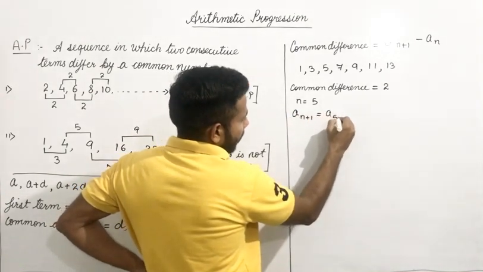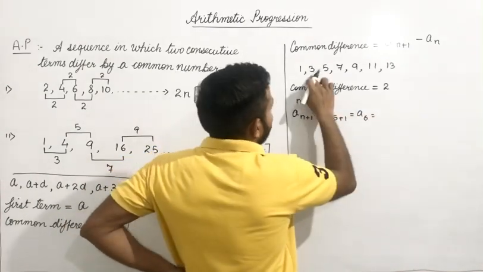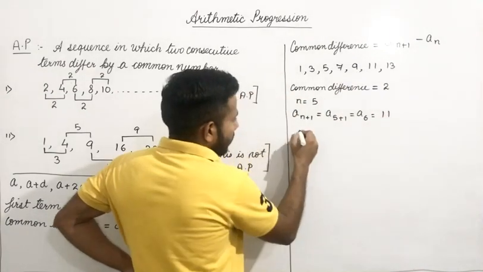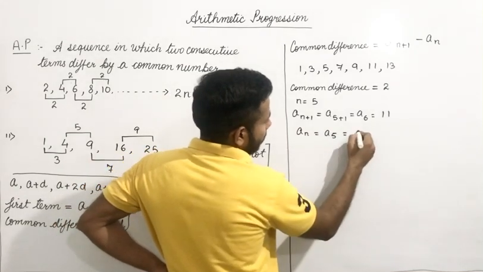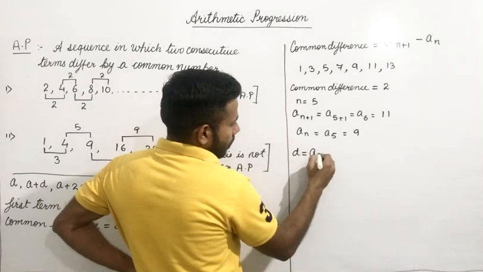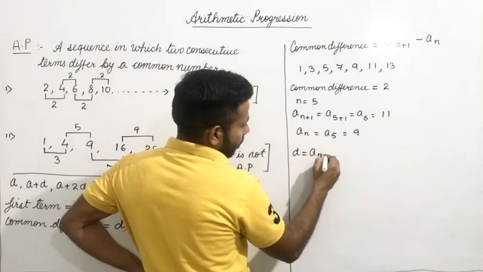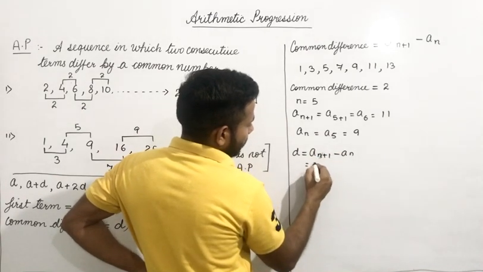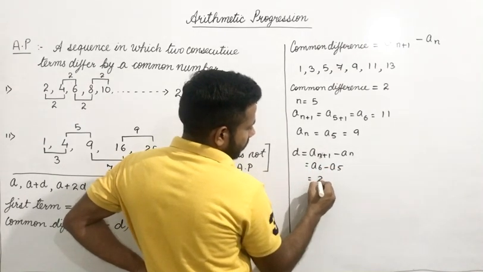This is a(5+1), that is a6. What is the sixth term? 1, 2, 3, 4, 5, 6. That is 11. What is a(n)? That is a5, which is 9. Now D equals a(n+1) minus a(n), that is a6 minus a5, which is 2.